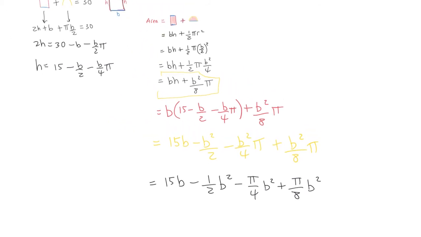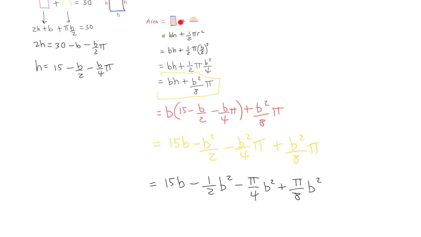Now let's just remind ourselves, all we've done is we've taken this area and put it in terms of b, essentially, right? We chose a variable, we put it in terms of b, so now we're going to find the derivative of the area. So the area prime is going to become 15 minus b minus pi over 2 b plus pi over 4 b.